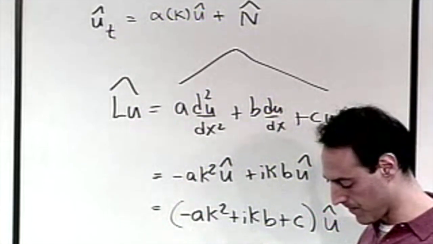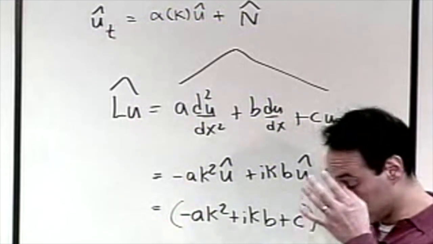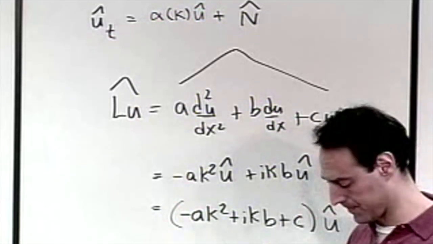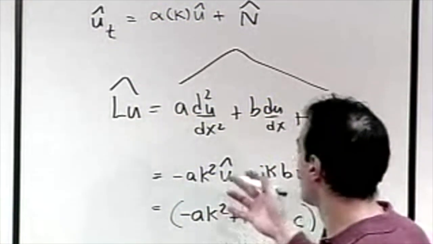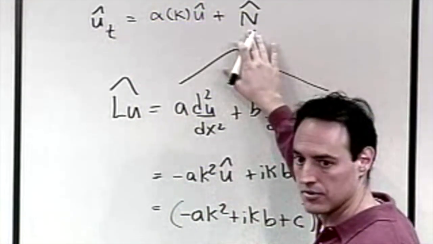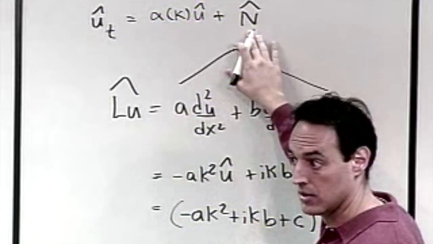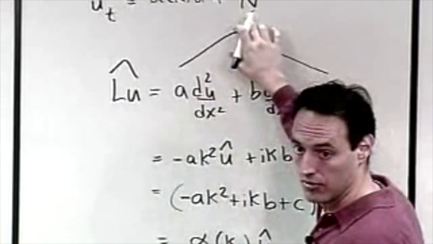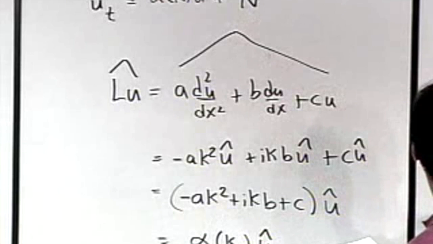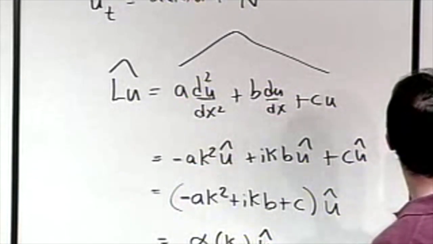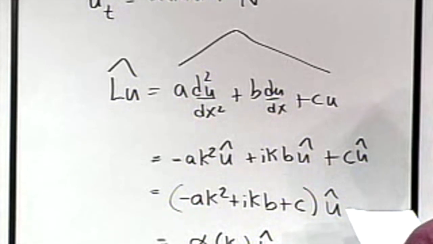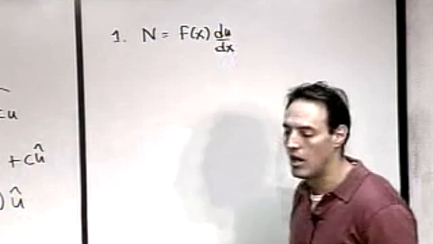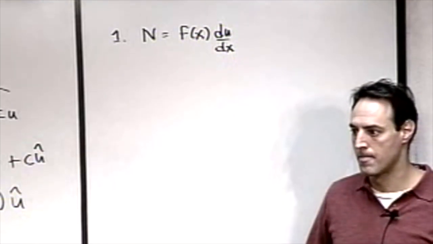So, how do you handle solving some of these things? Let's talk specifically about this term here, because when you solve these problems, you've got to figure out how to handle these nonlinear terms. So I'm going to give some examples of how to handle these things. Suppose N is equal to something like f of x du dx. I want to Fourier transform this thing.